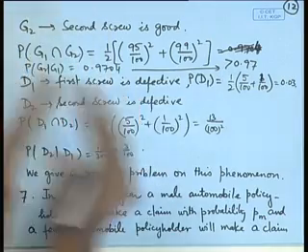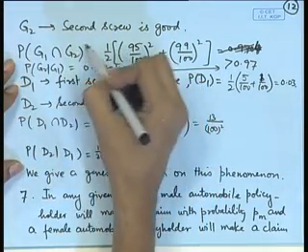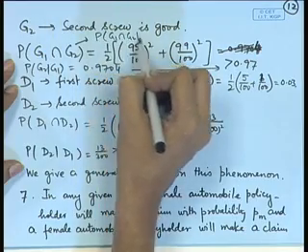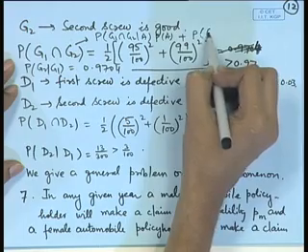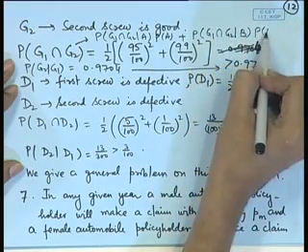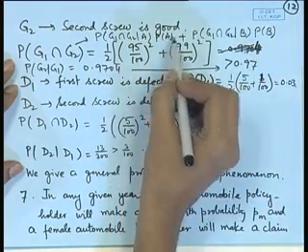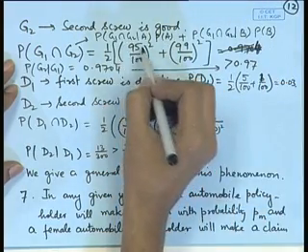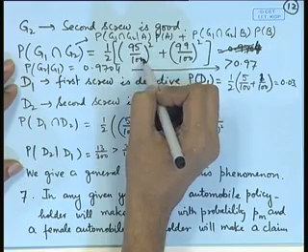So, the first screw is good and the second screw is good. Once again, if we represent this event, it becomes probability of G1 intersection G2 given A into probability of A plus probability of G1 intersection G2 given B into probability of B. Here, probability of A and probability of B are both half.